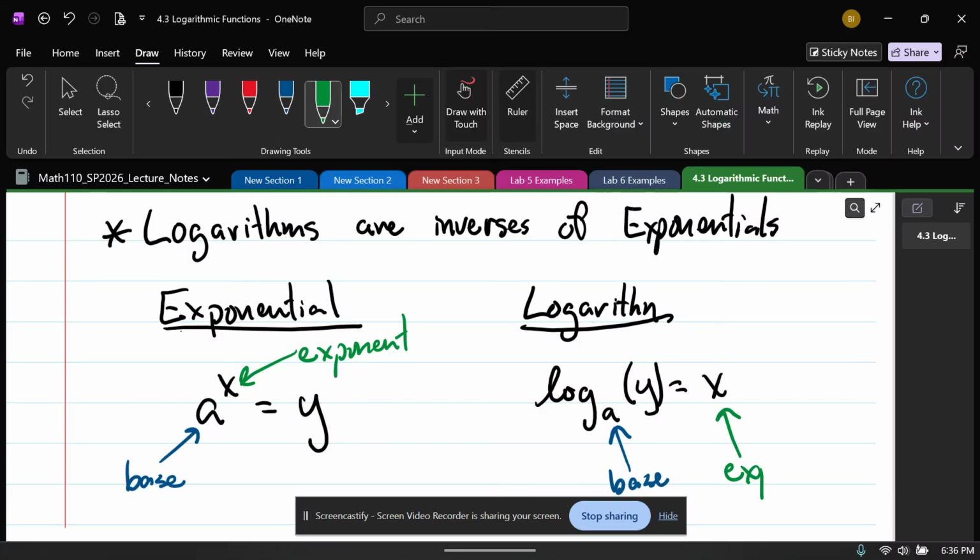This is the exponent. Those two equations there, even with those, they've got only letters in them, they are inverses of one another. You can rewrite an exponential as a logarithm. You can rewrite a logarithm as an exponential. And that's what we're going to do first, is go back and forth between those two different forms.